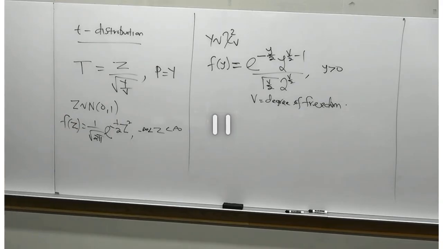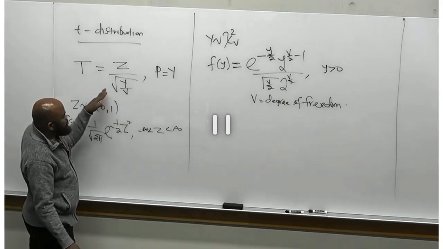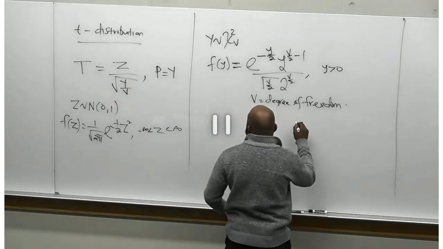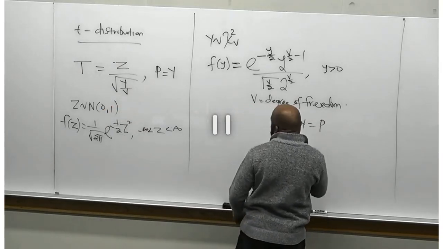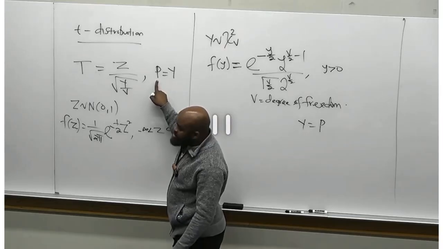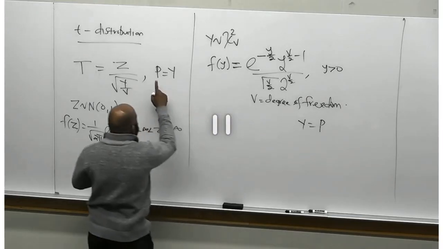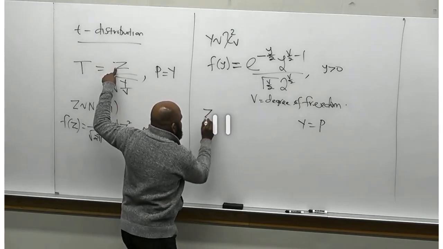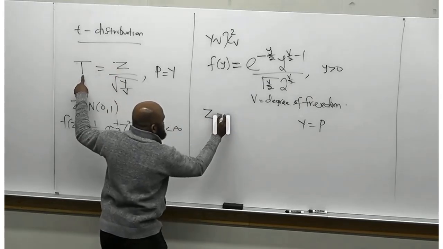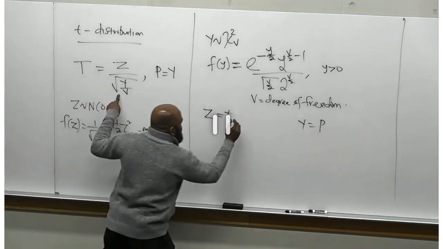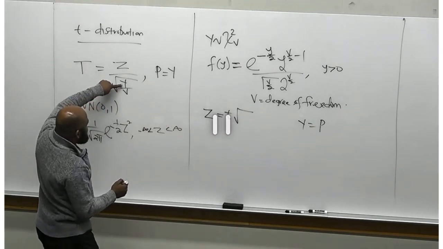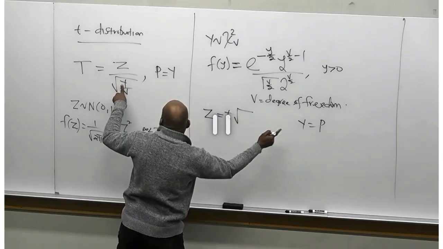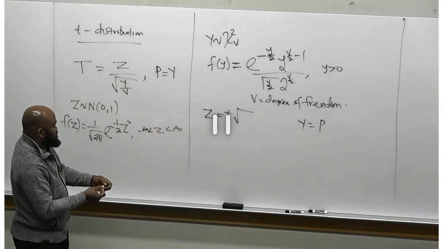So now, here, I'm actually going to get the inverses. What would be the inverses? Y equals p, right? Okay, now, after getting y equal to p, I want to get z. Z equals t times the square root of p over v.